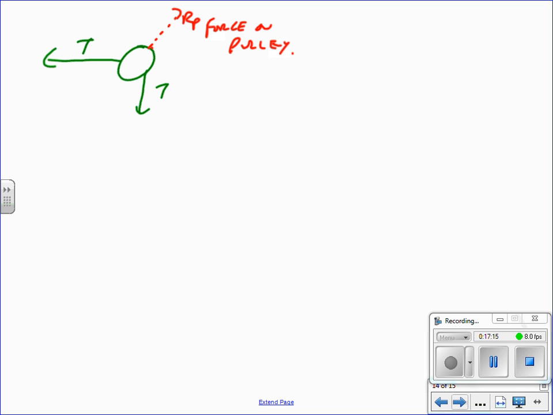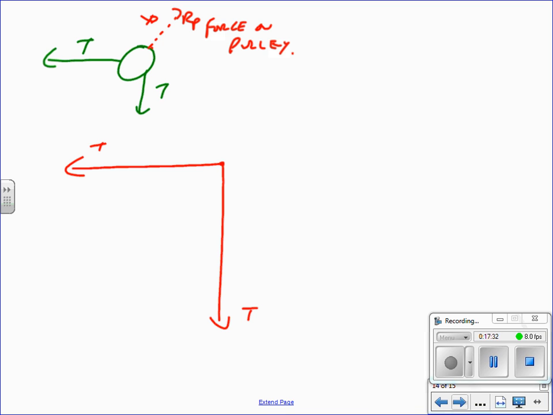Right? So what is this R here, in other words? Well, it always helps to get rid of your pulley and just have it as a point instead, so you can see things better.